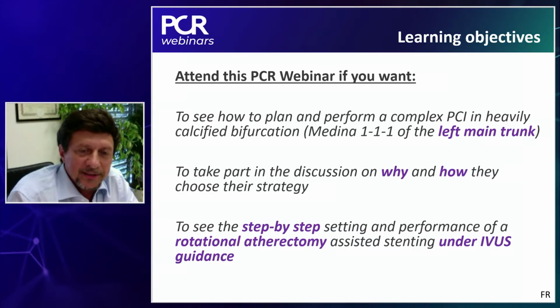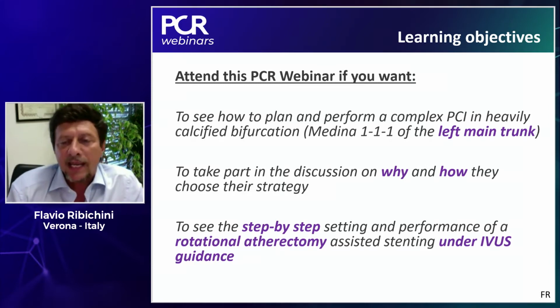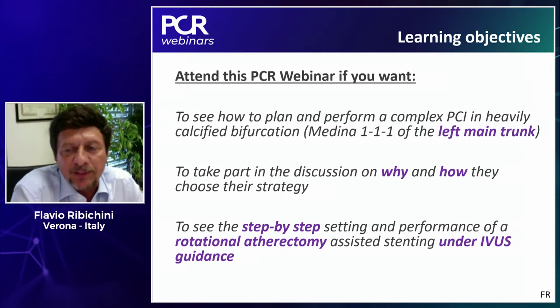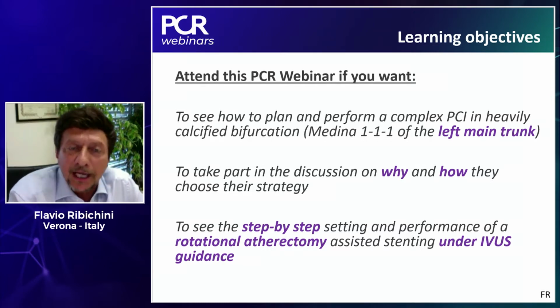The reason you are supposed to be there is explained in the next slide when you see our aims. It is to involve you in the planning and performing of a complex PCI of a calcified lesion in a bifurcation, which is a very delicate bifurcation. It's the left main trunk with the Medina 111 presentation.